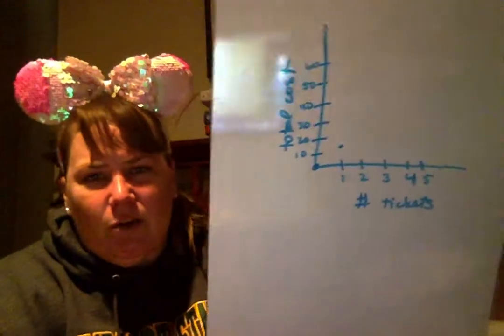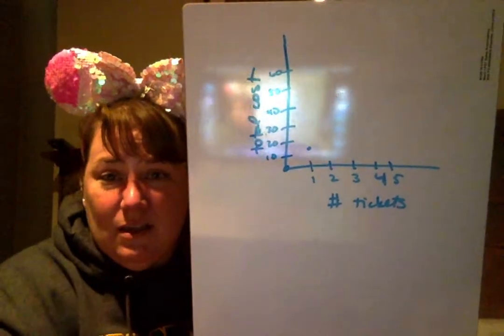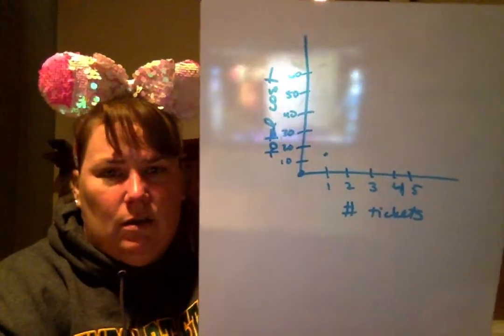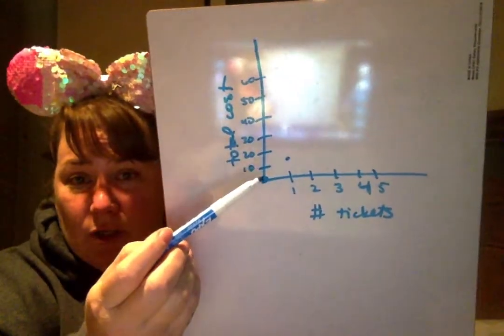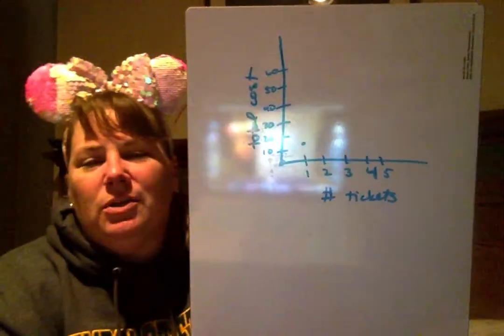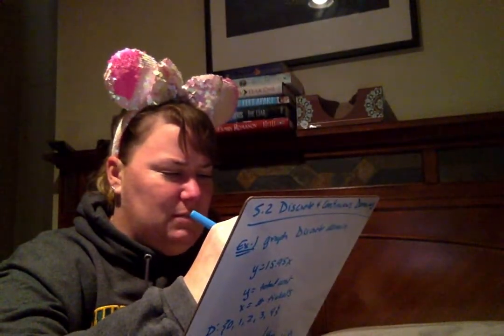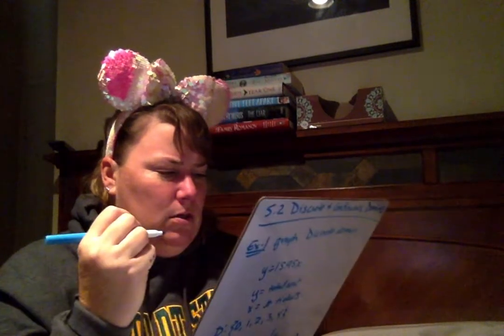And if we're going by increments of 10, you guys, it's not going to be precise, especially on something like this, because you can't measure that. So just make a good estimate. 2 tickets is $31.90. So it's just going to be a smidge over 30.